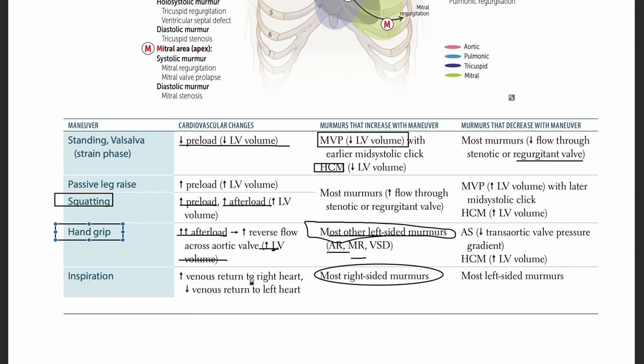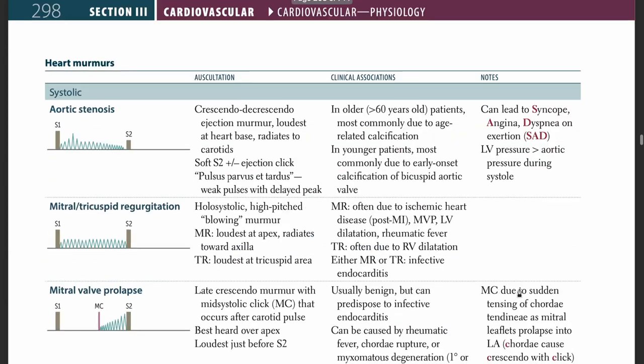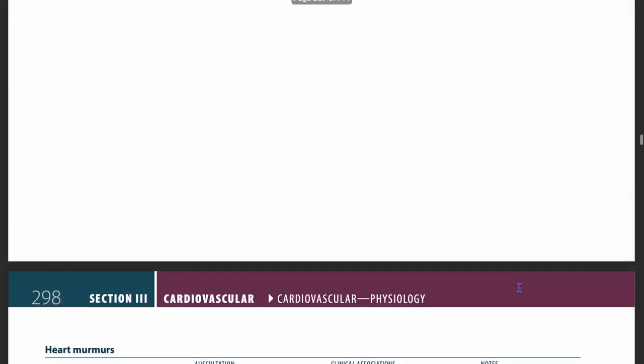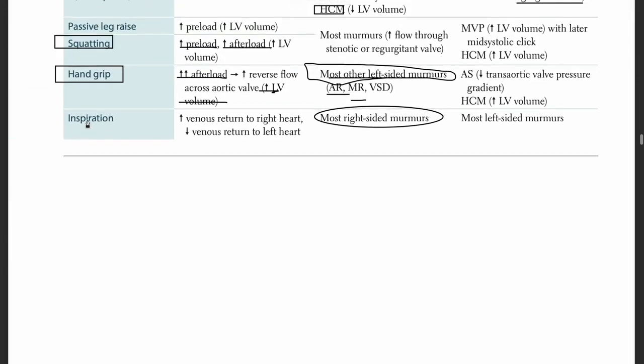And then for inspiration, most right-sided ones, and you don't hear the left-sided ones. Okay. Heart murmurs, aortic stenosis. Hold on. There's also one for nitroglycerin. So nitroglycerin would go here.